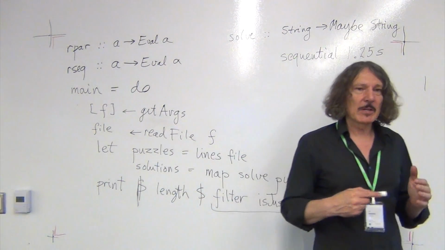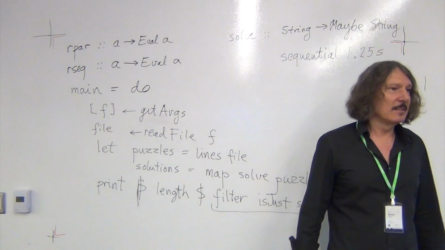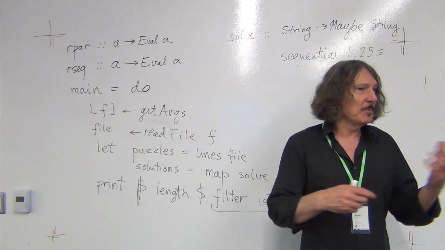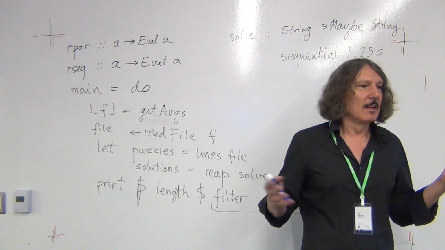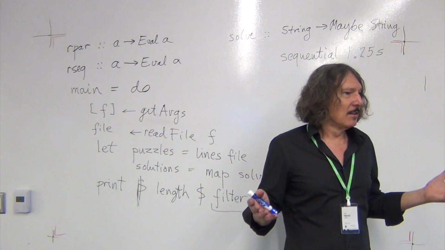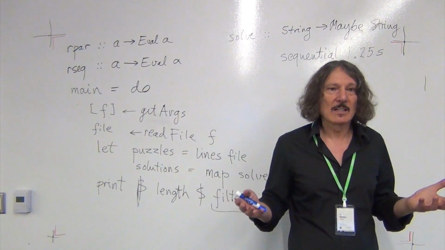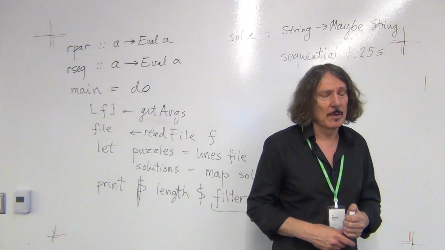So creating sparks is pretty cheap. So we can create like 1,000 sparks, and it's fine, right? And the processors will just compete and steal these sparks, and more or less will distribute the work equally between processors, more or less, right? So the more sparks you have, the more equally you can distribute them.